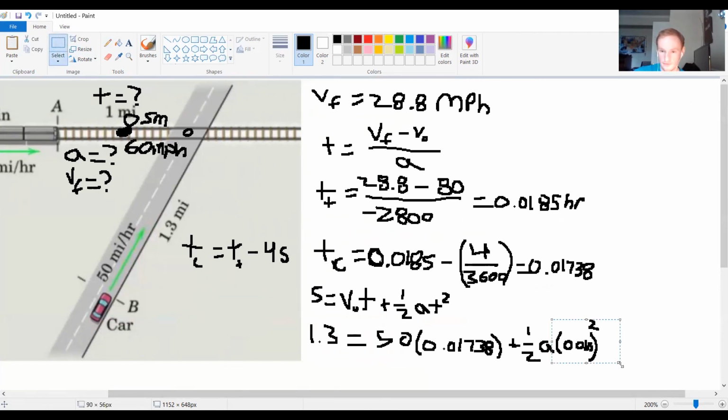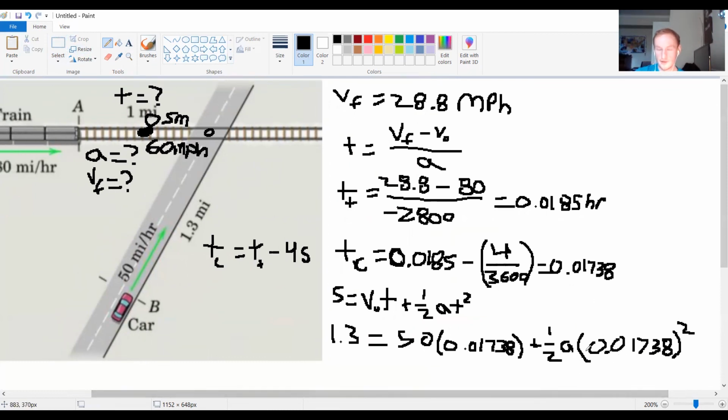That same t squared, which is 0.01738 squared.